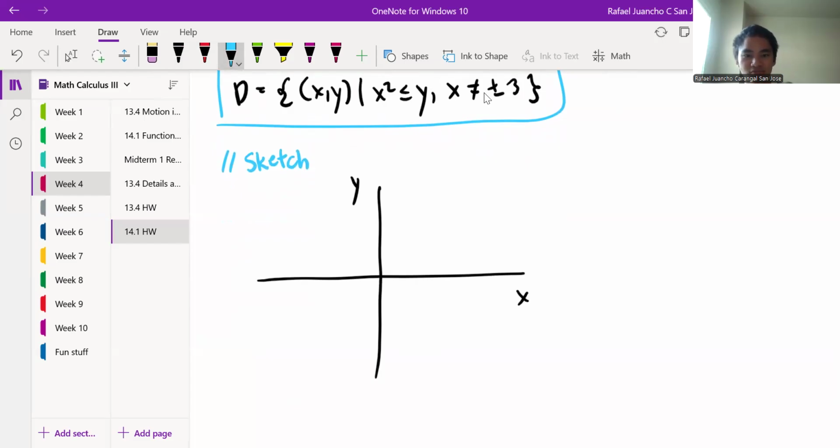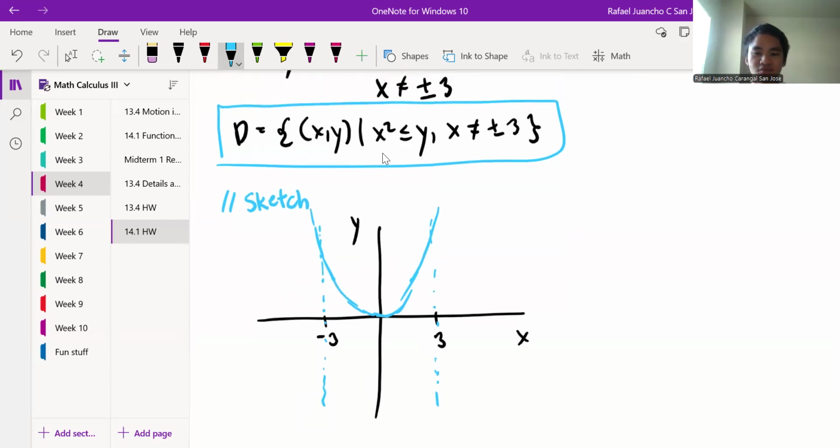If we have a negative 3 here and a positive 3 here, we know it's not going to be on one of those lines. What else can we say? We have a parabola, and so it's going to be going up here. I don't know where that intersects. It intersects when x is negative 3 and x is 3, and I get some y value, but then we don't include that.